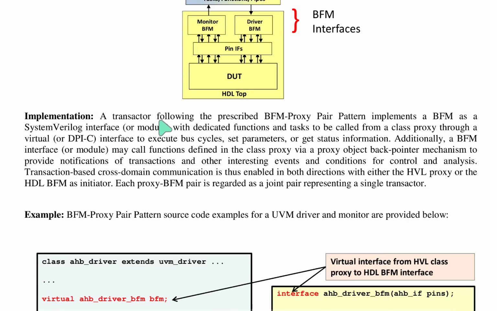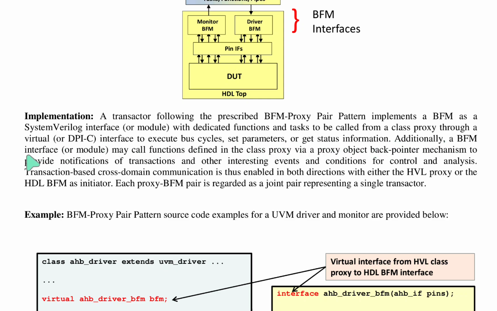Implementation. A testbench following the prescribed BFM proxy pair pattern implements a BFM as a SystemVerilog interface or a module with dedicated functions and tasks to be called from a class proxy through a virtual or DPI-C interface to execute bus cycles, set parameters, or get status information.